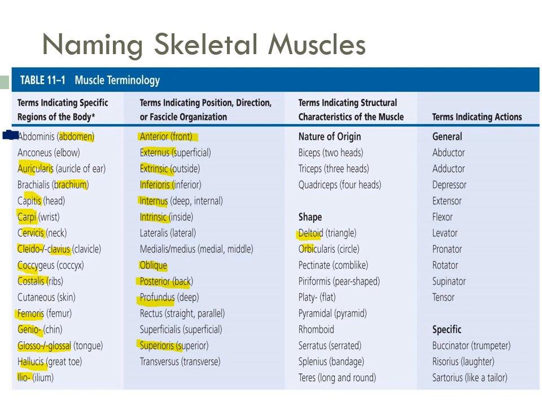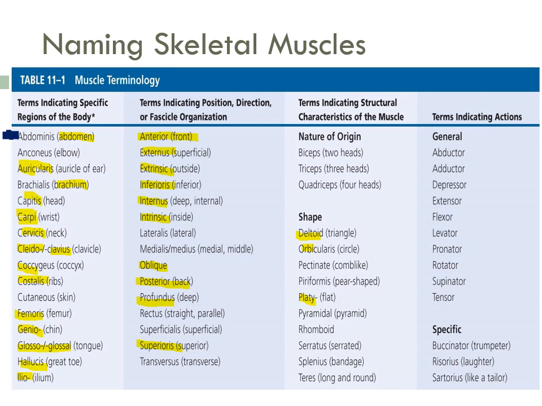Pectinate is a comb-like muscle, and you'll see that when we look at the pec minor, it has multiple heads that look like the tines of a comb, or teeth on a comb. Piriformis is pear-shaped. Platy means flat. One of my favorite muscles is the platysma, which is a large flat muscle on the anterior surface of your neck.